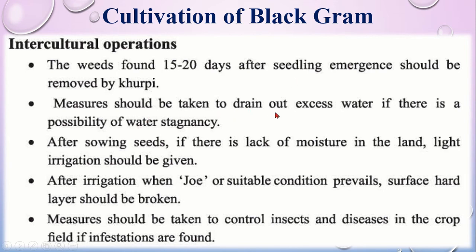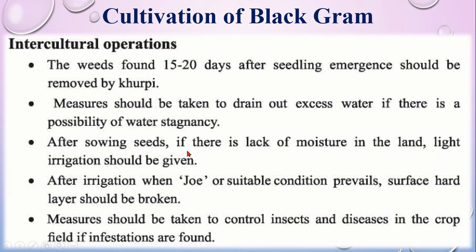Measures should be taken to drain out excess water if there is a possibility of water stagnancy. We know that black gram does not like water in the field. That is why if there is any possibility of water stagnancy, immediately we have to remove it from the field. After sowing seeds, if there is a lack of moisture in the land, light irrigation should be given.